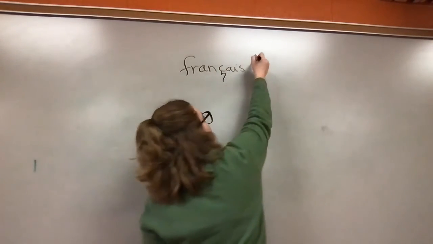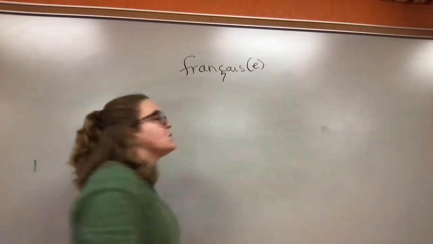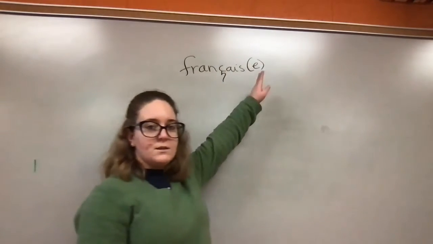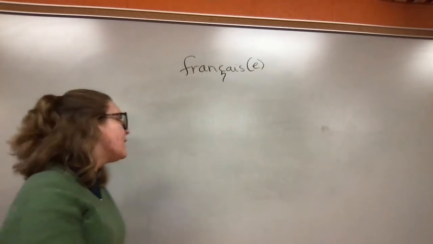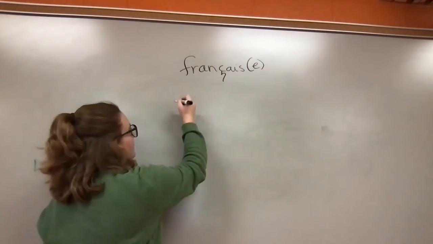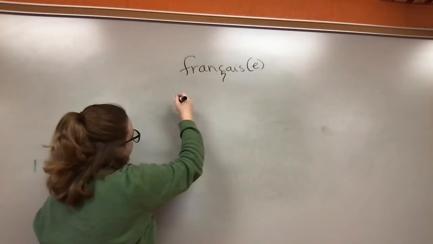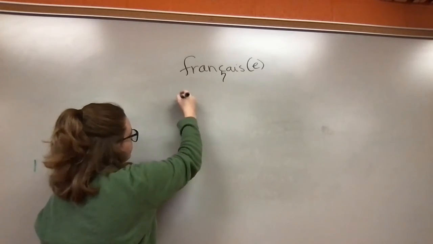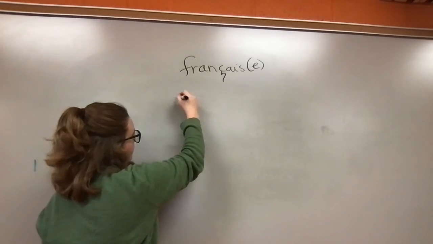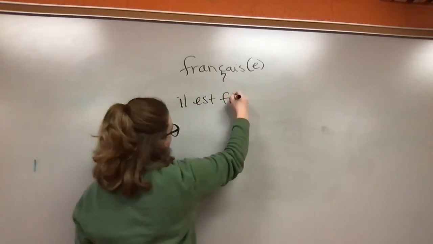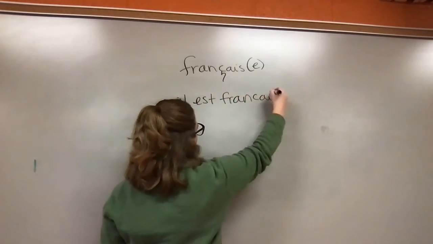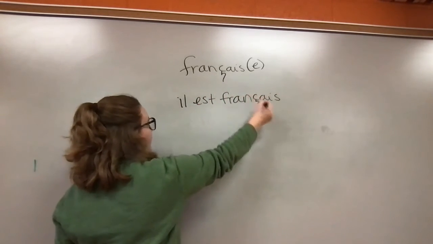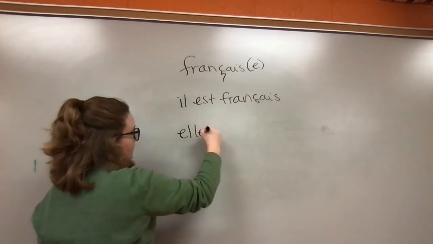And they do have an E in parentheses, so you know that if you want to make it feminine, that is how you make it feminine, you just add the E. And so we can say, he is French. She is French.